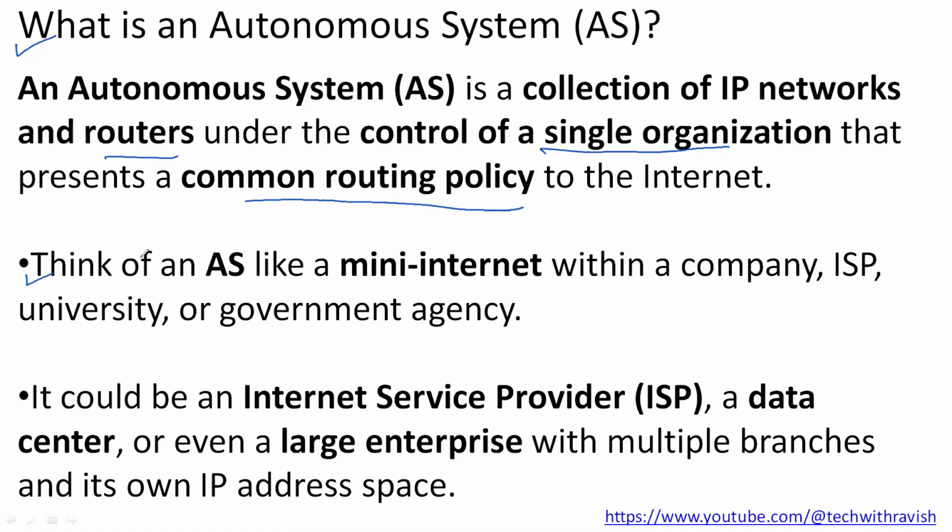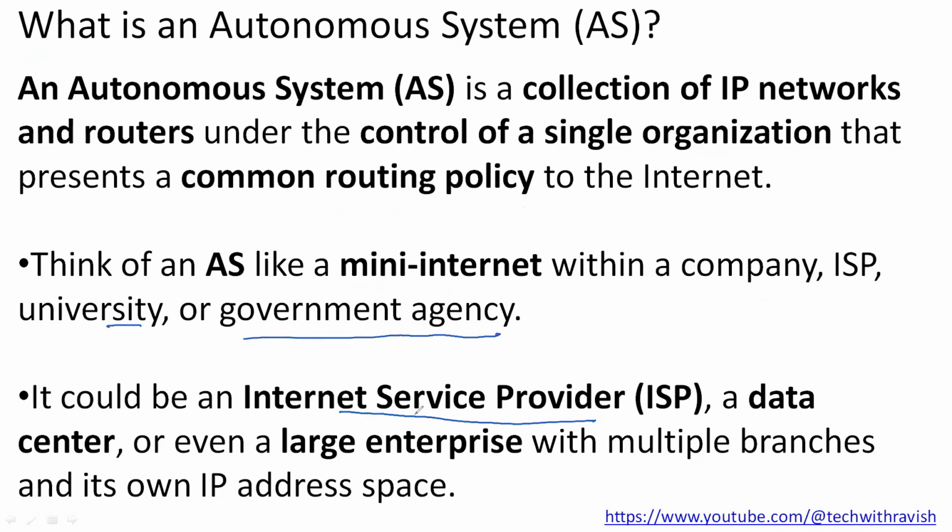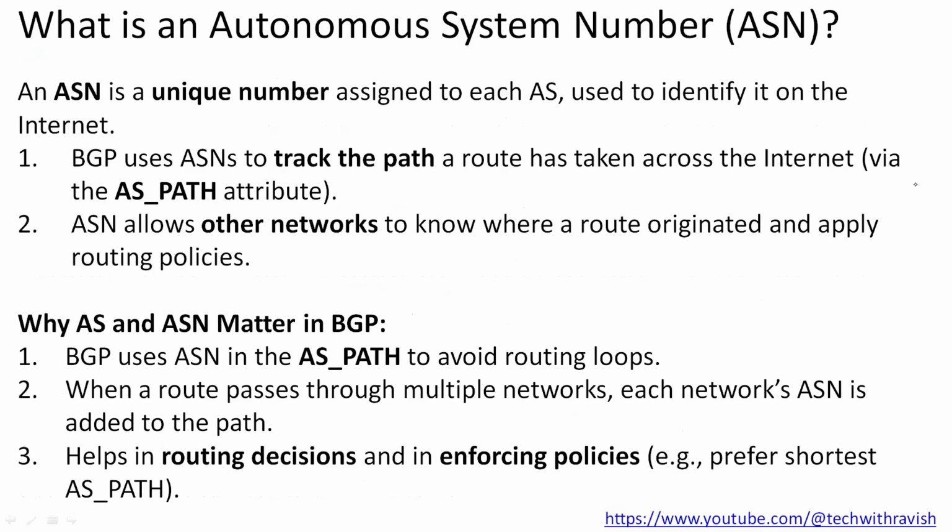An AS is just like a mini internet within a company, ISP, university, or government agency. It could be an internet service provider, a data center, or even a large enterprise, which also uses an autonomous system number to be distinct over the internet for full control.